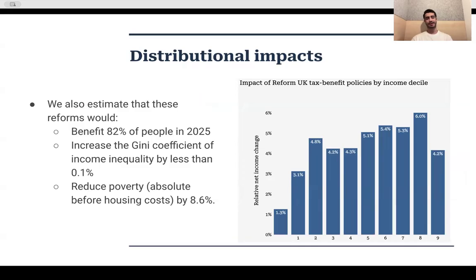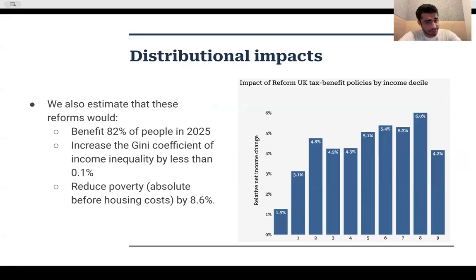The distributional impact of these policies is always important. We estimated that this reform benefits 82% of people in the 2025 fiscal year and will increase the Gini coefficient of income inequality by less than 0.1%.